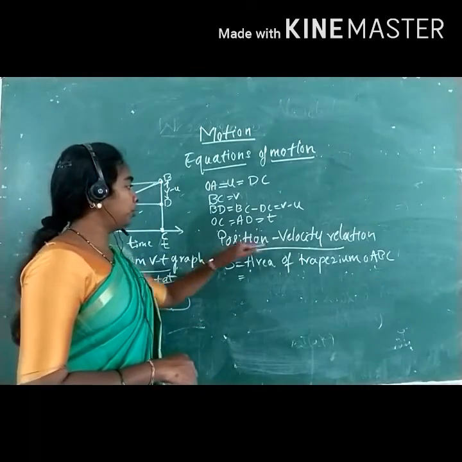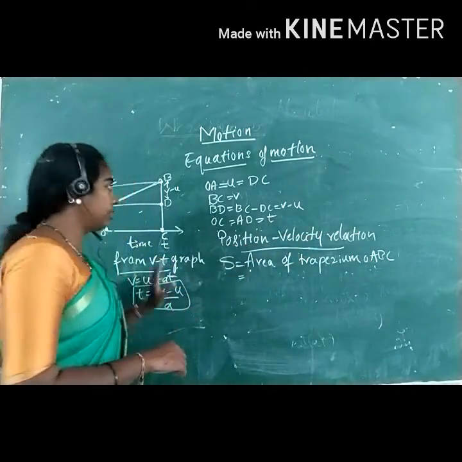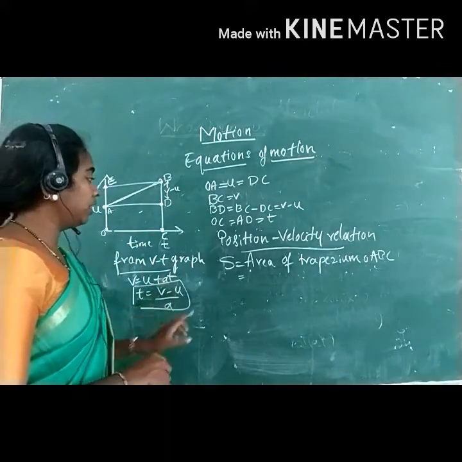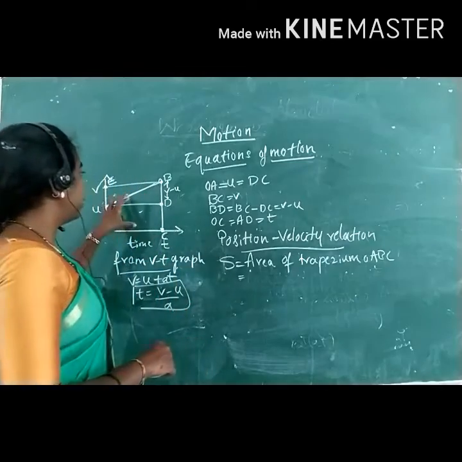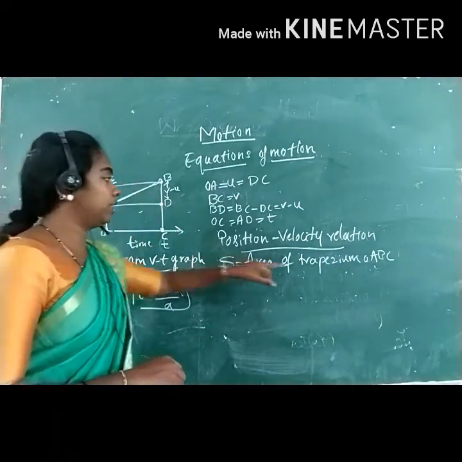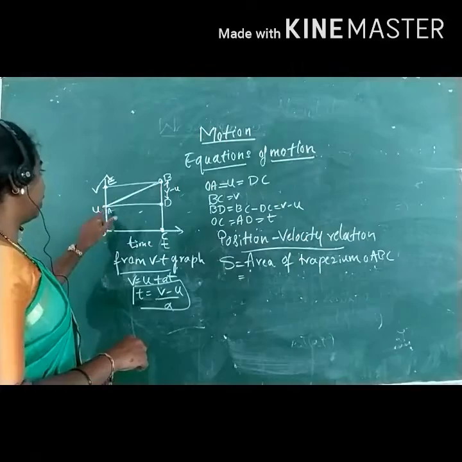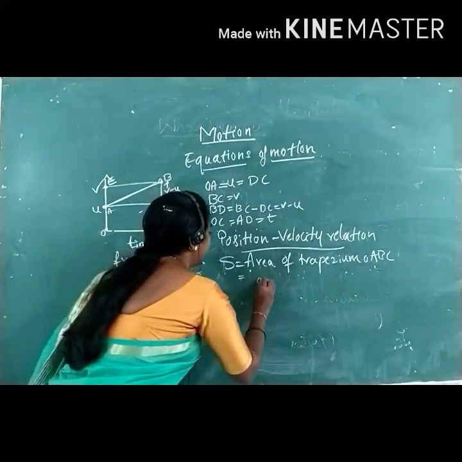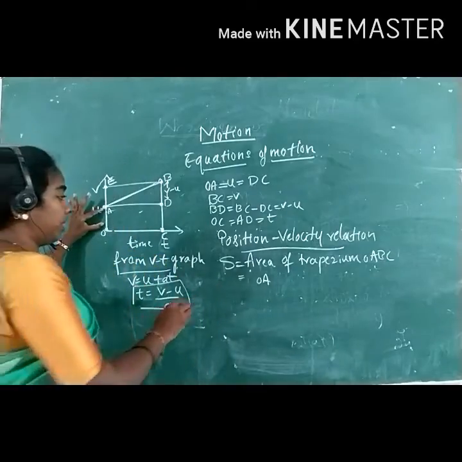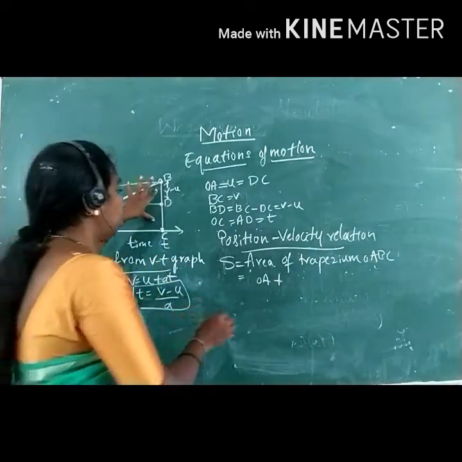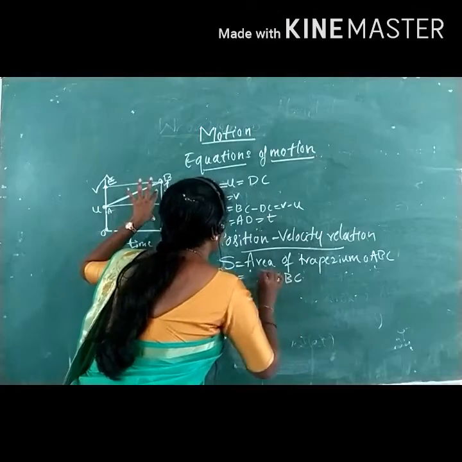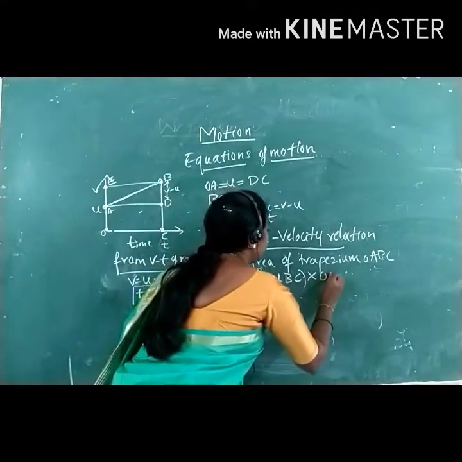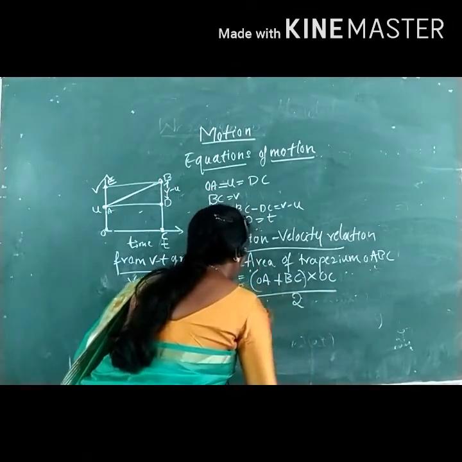Now coming to the position-velocity relation, considering the same diagram with the same given data. Here the displacement under the VT graph is the area of the trapezium OABC. Area of trapezium is given by this side OA plus this whole height, that is BC, into this width, that is OC, divided by 2.